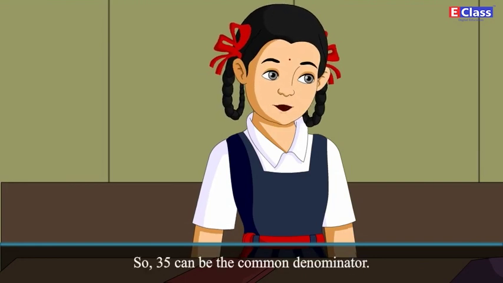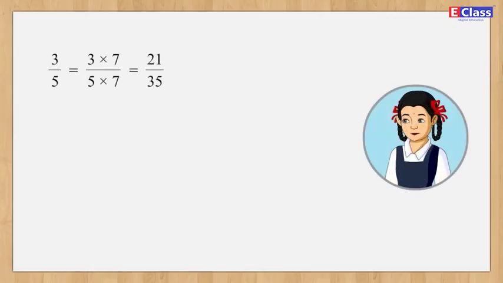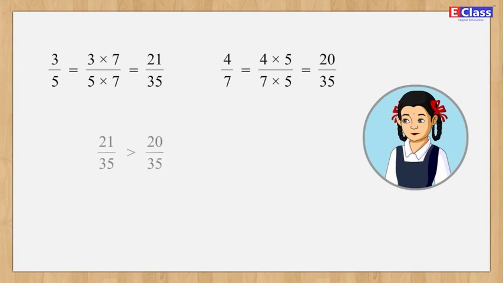So, 35 can be the common denominator. 3 upon 5 is equal to 3 multiplied by 7 upon 5 multiplied by 7, which is equal to 21 upon 35. 4 upon 7 is equal to 4 multiplied by 5 upon 7 multiplied by 5, which is equal to 20 upon 35. 21 upon 35 is greater than 20 upon 35. Therefore, 3 upon 5 is greater than 4 upon 7.